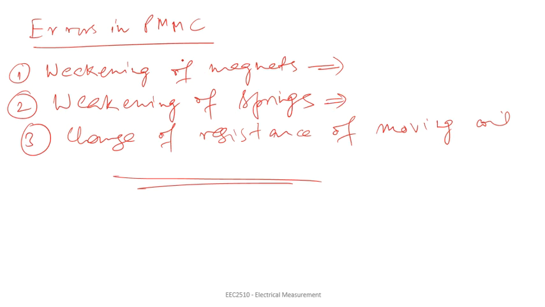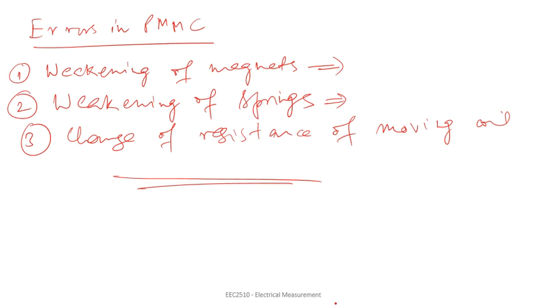The third type of source of error can be the change of resistance of the moving coil. We know that the moving coil of the measuring instrument is usually wound with copper wire having a temperature coefficient of about 0.004 per degree Celsius. So when the moving coil is directly connected to the output terminals of the instrument, the indication of the instrument would decrease by 0.04% per degree rise in temperature.